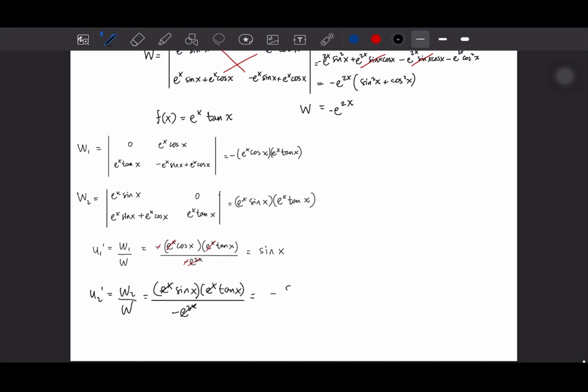So negative sin squared x over cos x. Or maybe we could take this 1 minus cos squared x to make it cos x minus sec x, right? We could write that.